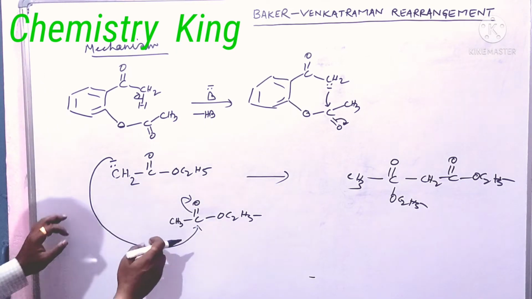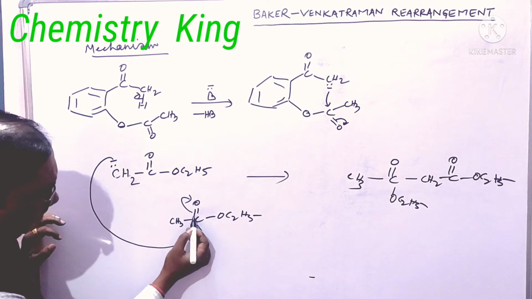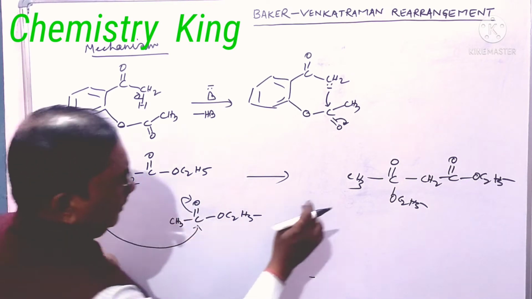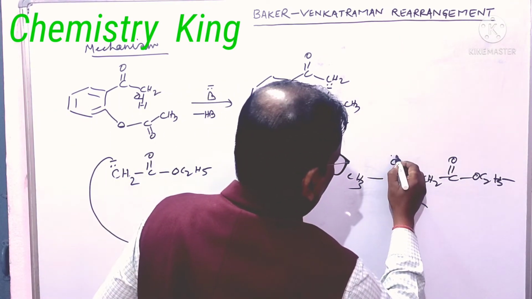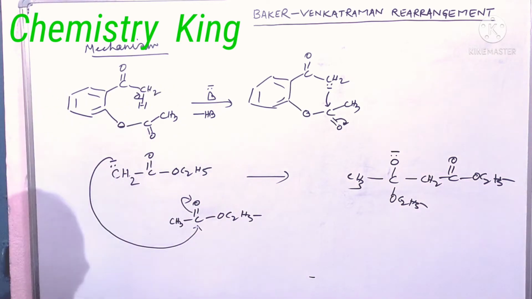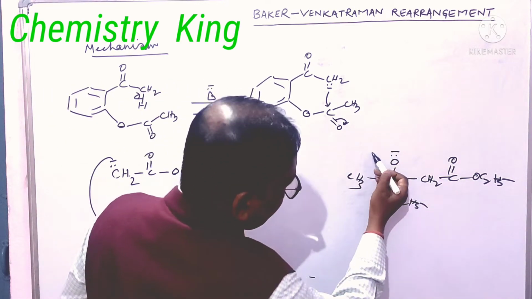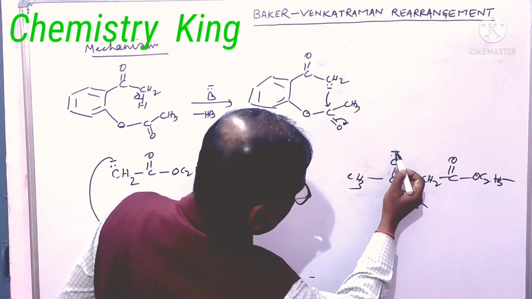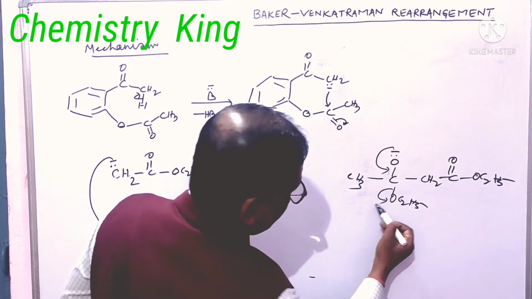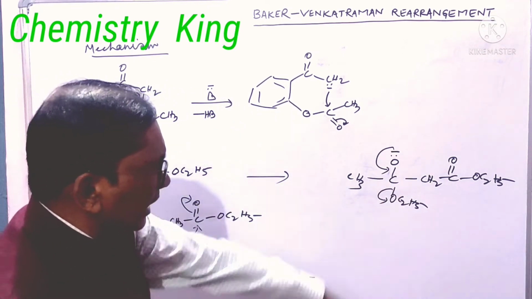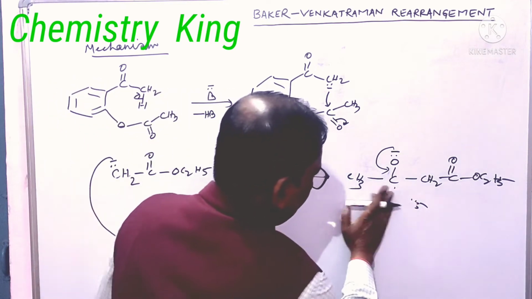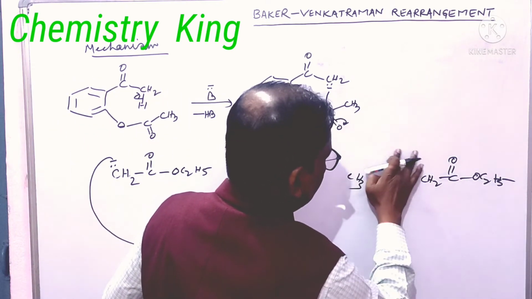Okay. When it attacks at this carbon, this bond will break in this fashion and it will be minus. Now it will come here, and it will come here. Means ethoxide ion will be liberated, then you will get this.